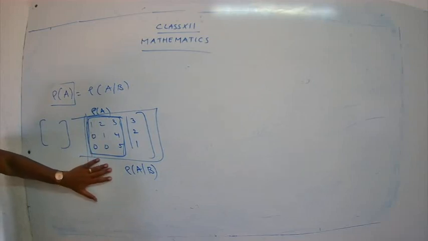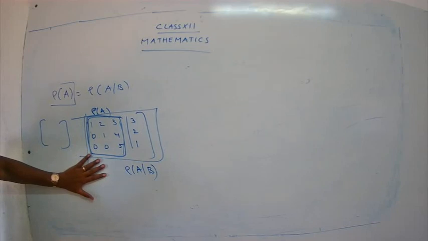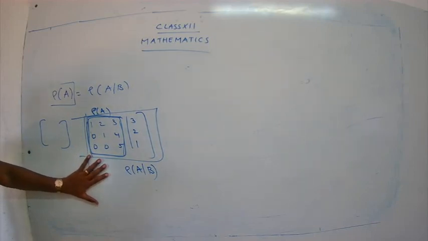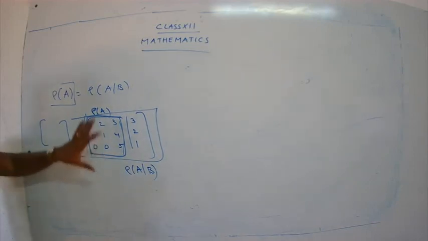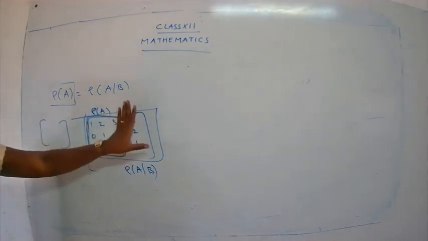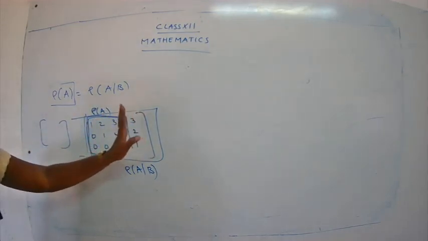Okay, let's find out rank A. How to find the rank? First of all, find the number of non-zero rows. So for rank A, I'm not going to look at the numbers after the line, that is the B part.